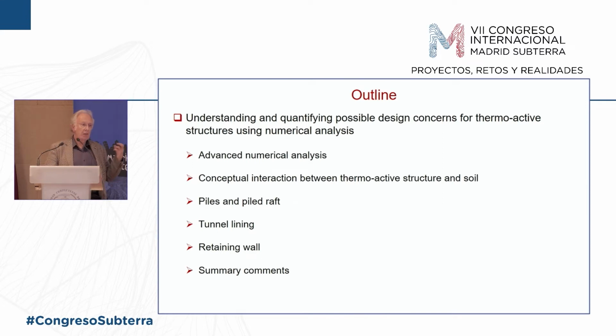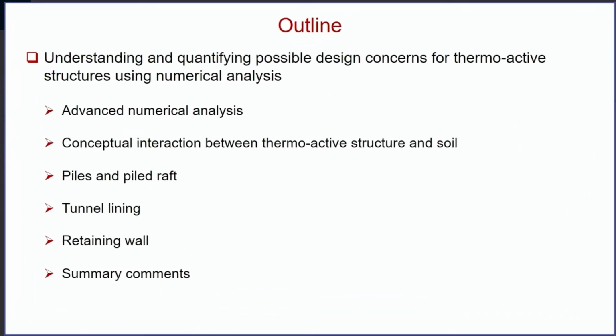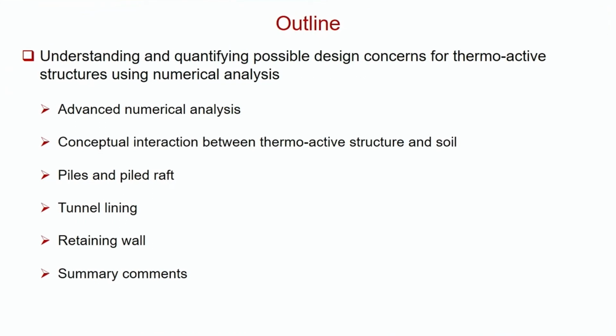And this is from the point of view of designing the structures themselves, and how, if you are going to extract heat and put heat into the ground, you could affect adjacent services, adjacent structures, and upset people in the process.